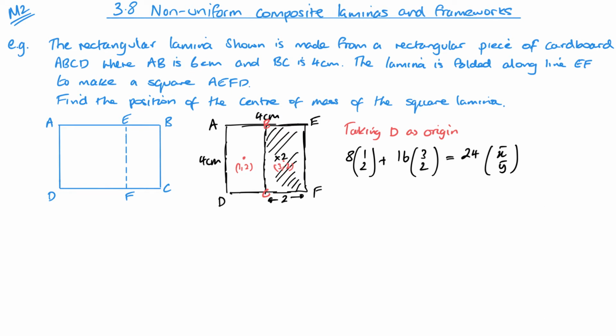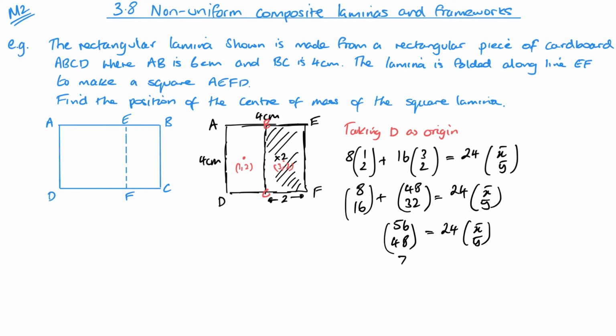Now from this point on, it's the same process as we've done a million times. And we've got 7/3 for our X and 2 for our Y. 2 is what we were expecting, as they're the same here.